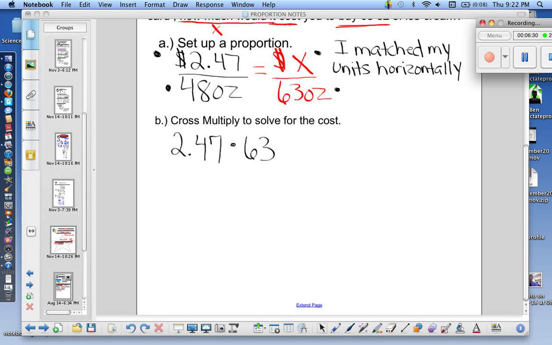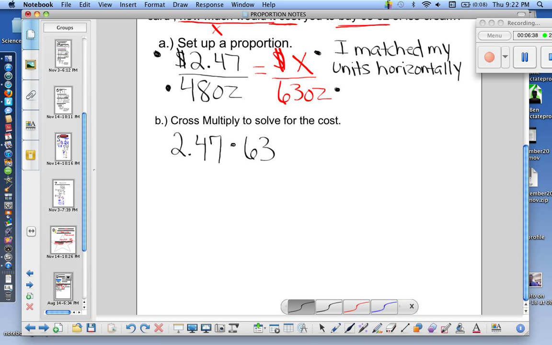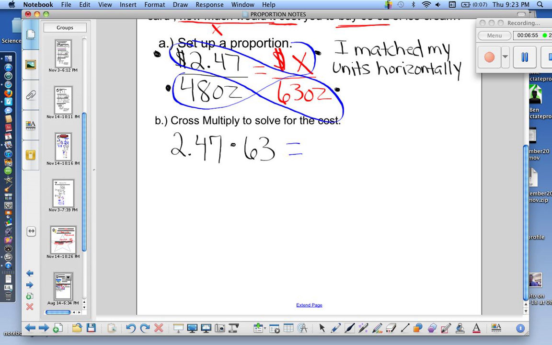So now I need to cross multiply so that I can find that cost, so I can find x. I have $2.47 and I'm multiplying it by 63. And remember, cross multiply, so we have that equal sign. And now I've got 48 ounces times x.